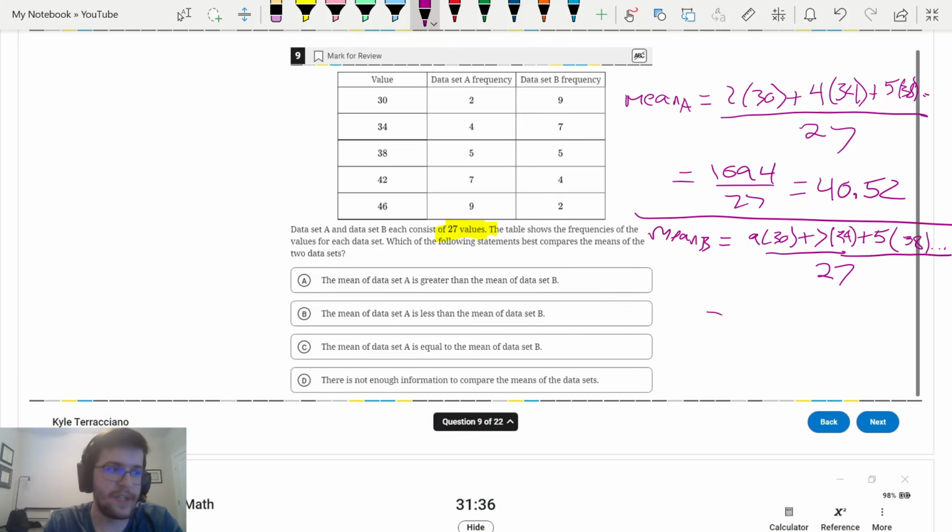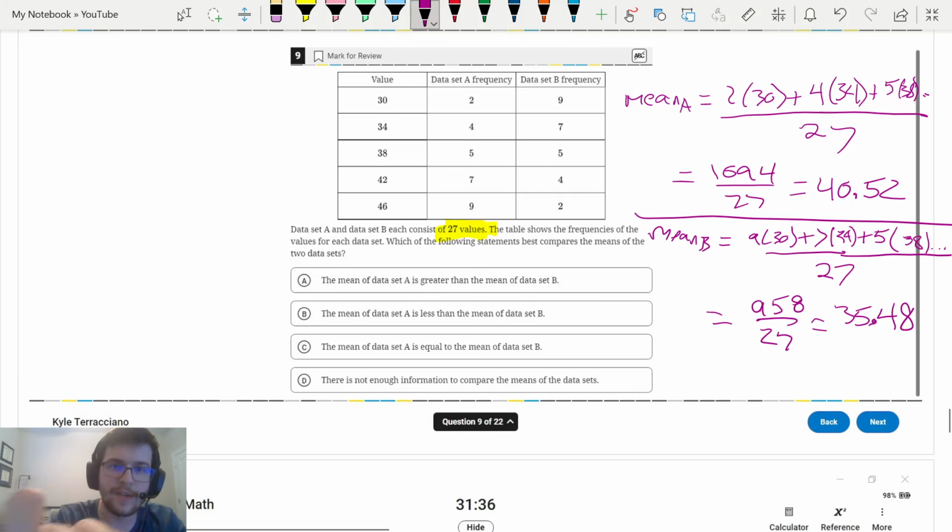And this would be, maybe I did it wrong, but I got 958 over 27, which is 35.48. So you can see clearly from this that the mean of data set A is greater. 40.5, 40 is bigger than 35, right? So it's A. So they didn't mean for you to do that because that took a really long time, right? So what they mean for you to do is to use your intuition.